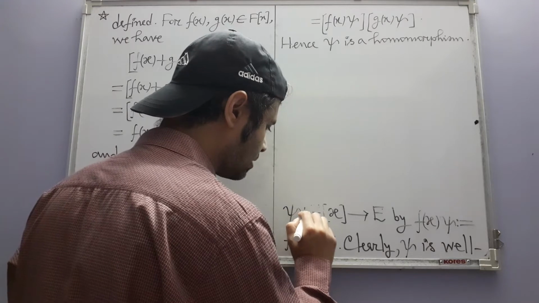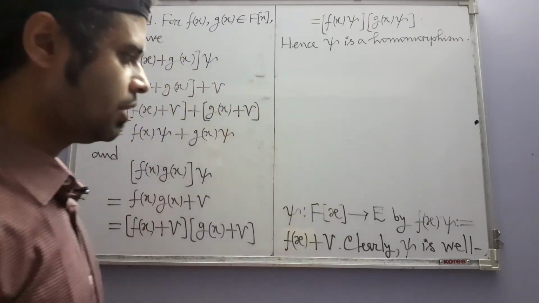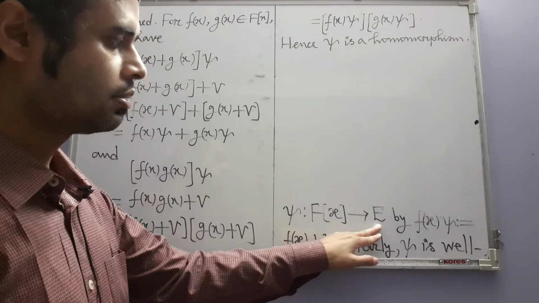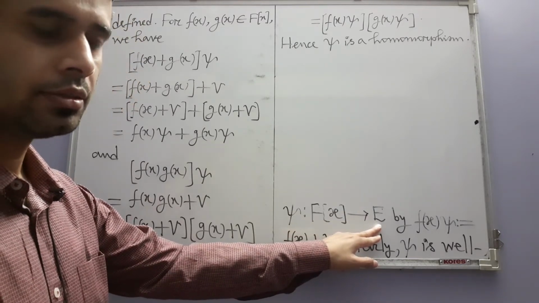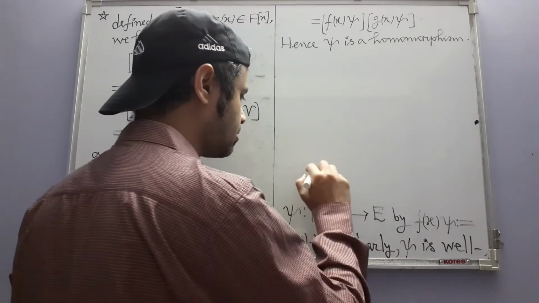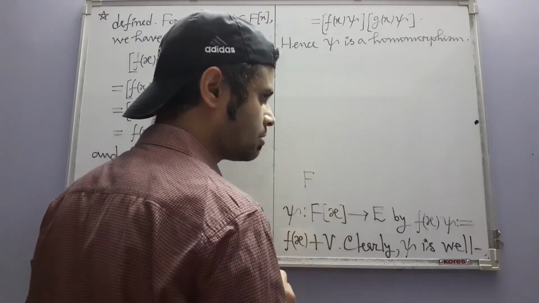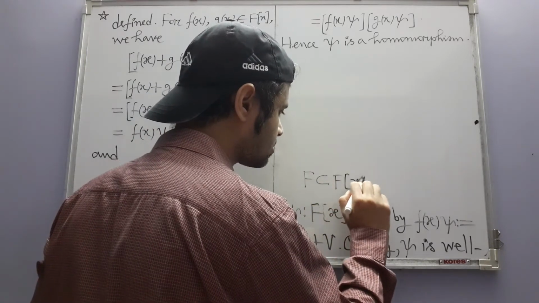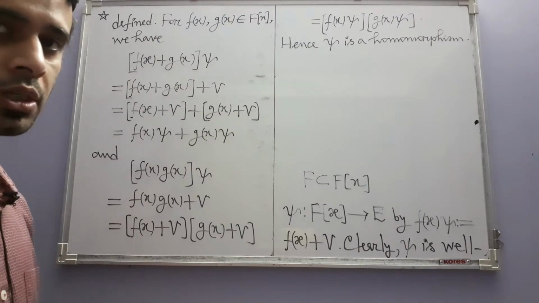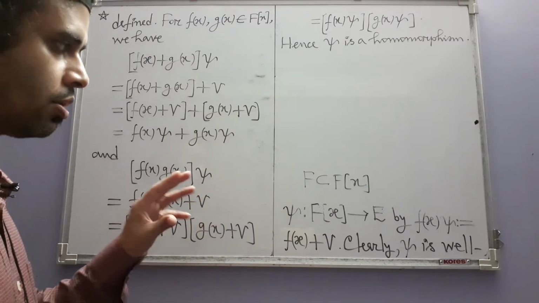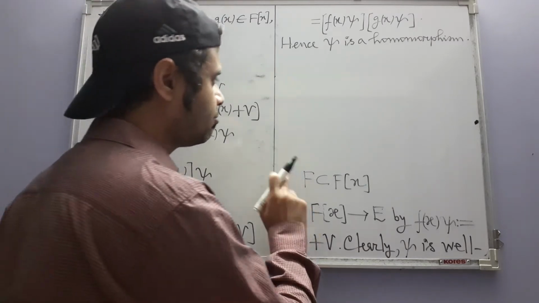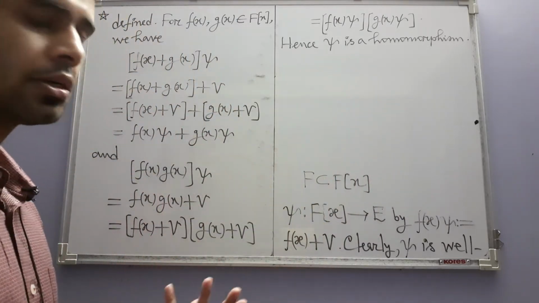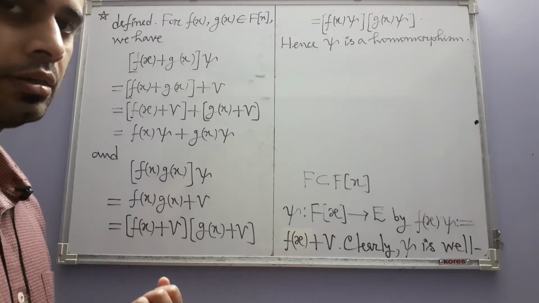Now look at this psi. We have shown that it's a ring homomorphism from the polynomial ring F[x] into the field E. Now we know that F is a subring of F[x]. Because of this, if we restrict psi to F, that restriction will also automatically be a homomorphism.